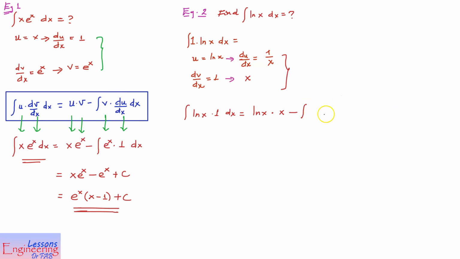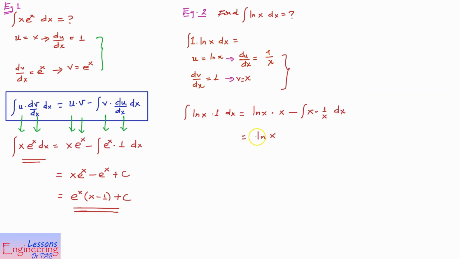So mind you that our v is x here. So integral of x times du by dx, which is 1 over x, dx.